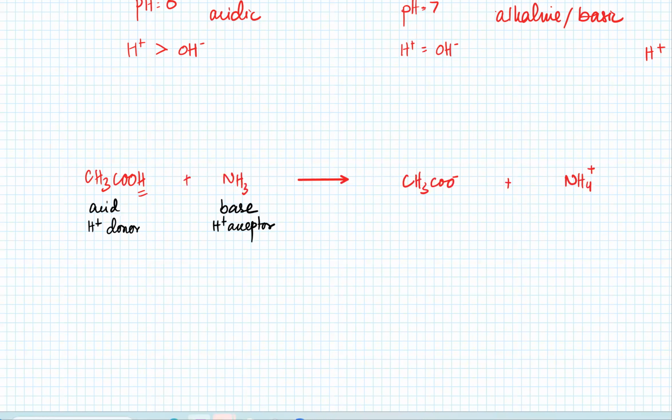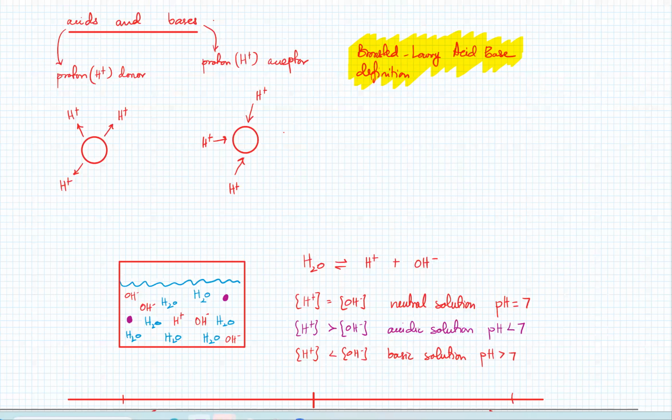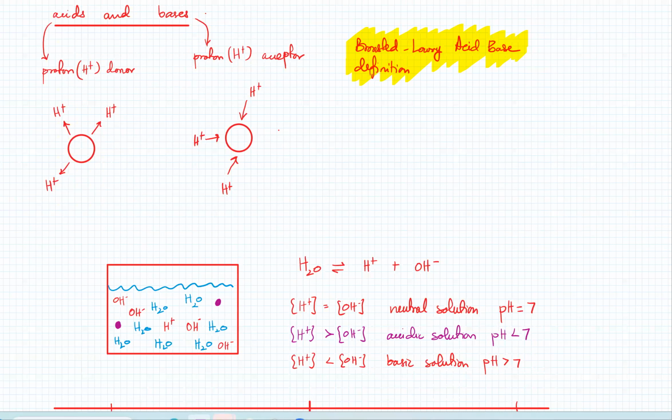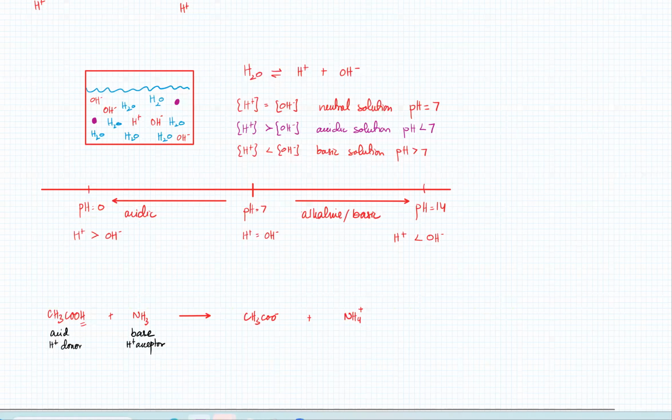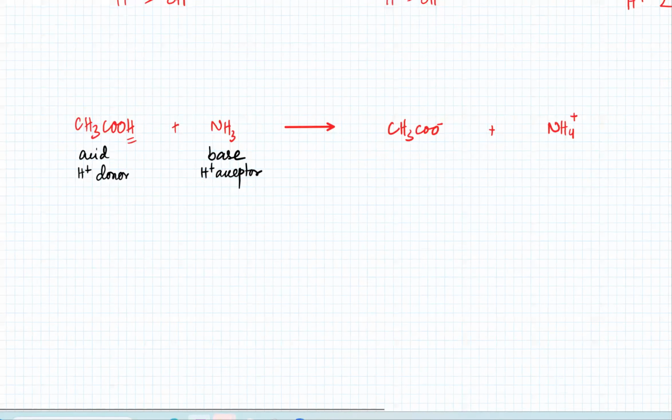That's always going to happen because if there's an acid that produces H plus, then there must be something that would be accepting H plus, right? Yep. So they always work together.